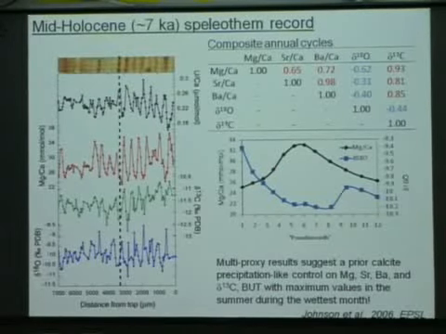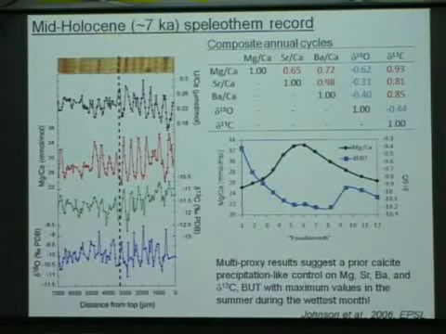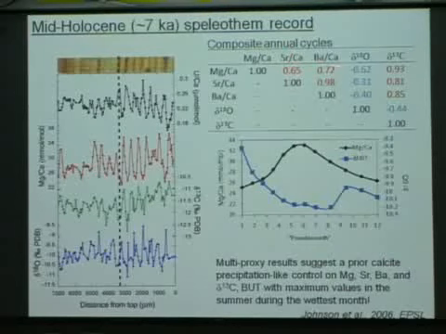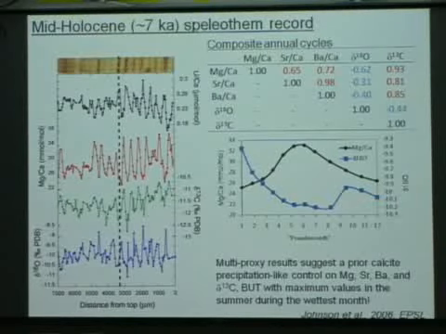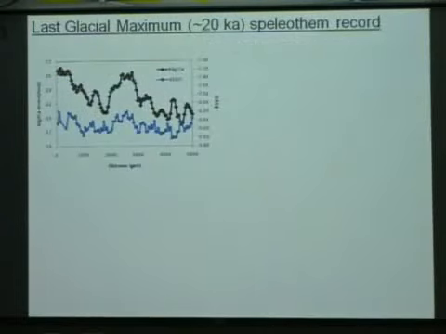But we're still trying to sort out what that might be, because while temperature would explain the magnesium, it doesn't necessarily explain the strontium, barium, and carbon isotopes. So it may be a prior calcite precipitation-like mechanism, but that's still very much a work in progress.